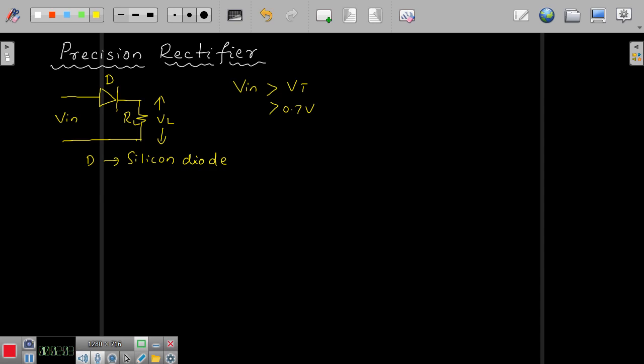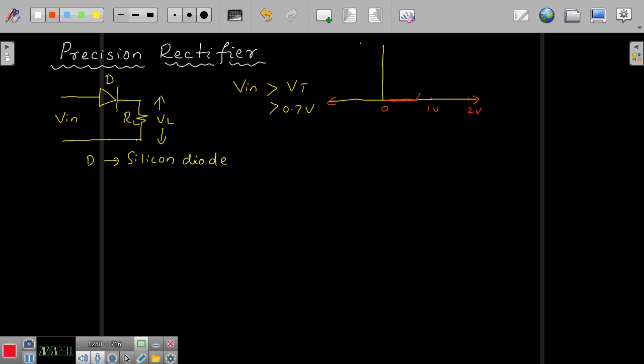More than the input and output waveforms, what we are interested in is the transfer function, right? Now your output, suppose if this is 0, let us say this is 1 volt, say this is 2 volts. Up to about 0.7 volts your output will be 0 only, right?